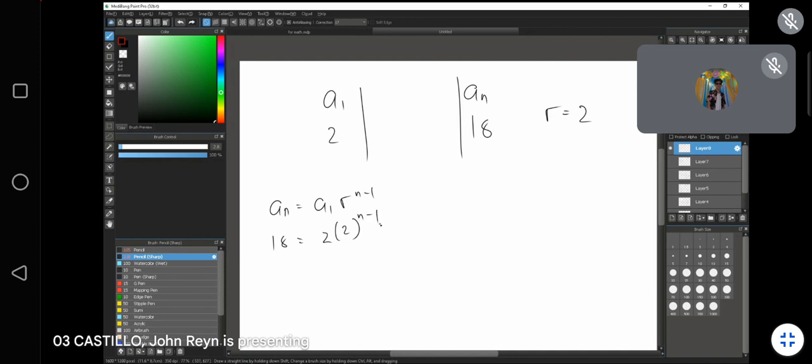So we just put n there, then n minus 1. So we'll just try to simplify it until we hit it. So we put here 18 divided by 2, which would be 9. Then we'll have 2 to the n minus 1. Wait, wait lang.